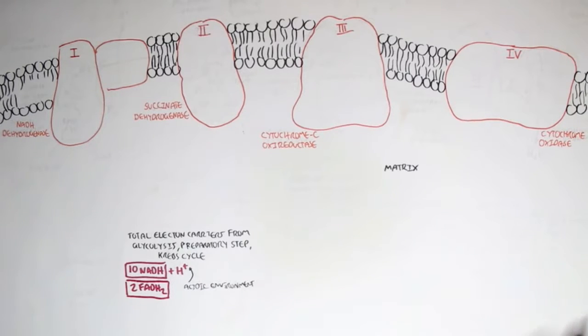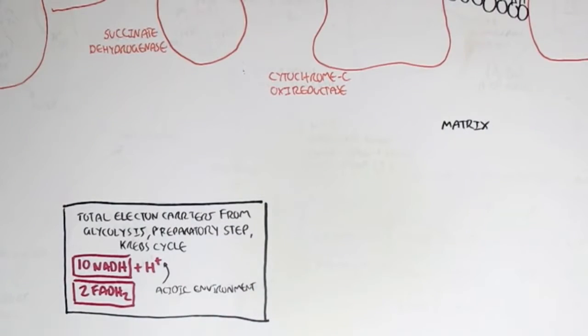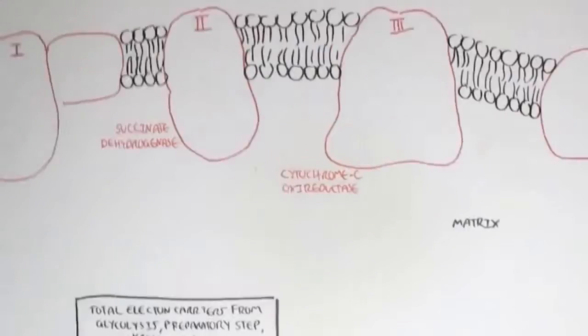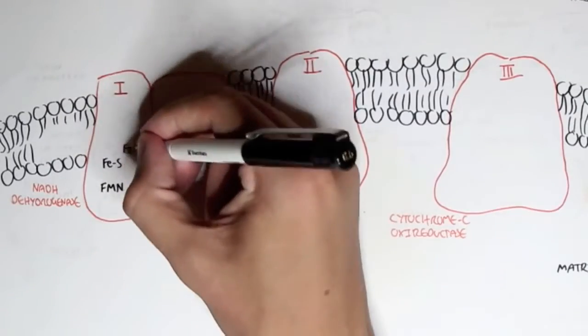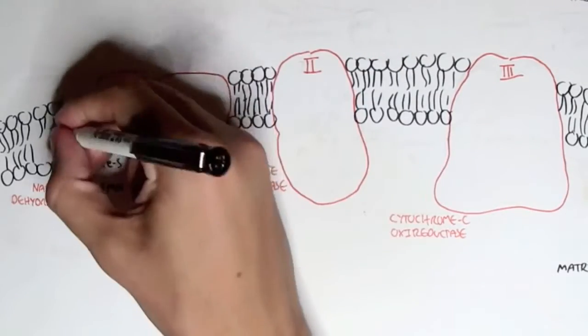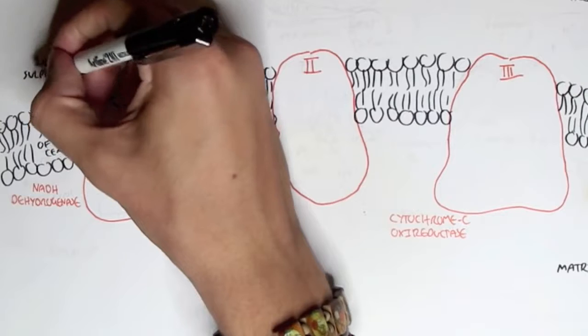Let's look at only one NADH and what happens to it and its electrons through oxidative phosphorylation. We begin with NADH through complex 1. Some important structures within complex 1 are flavin mononucleotide, FMN, and also a series of iron centers, as well as an iron-sulfur center, N2, over here.